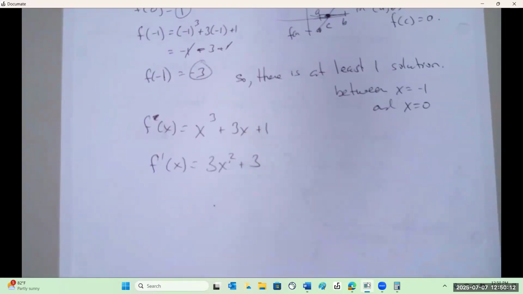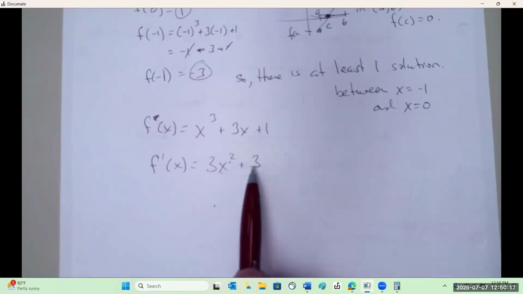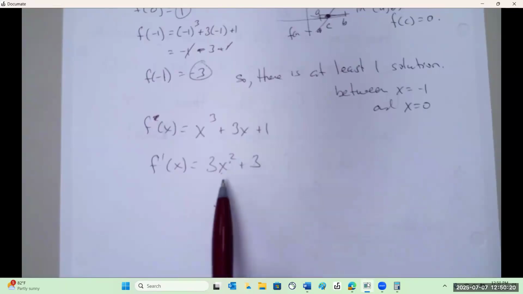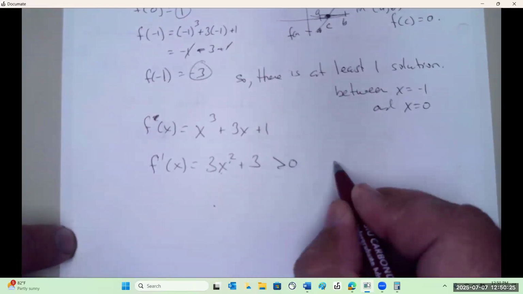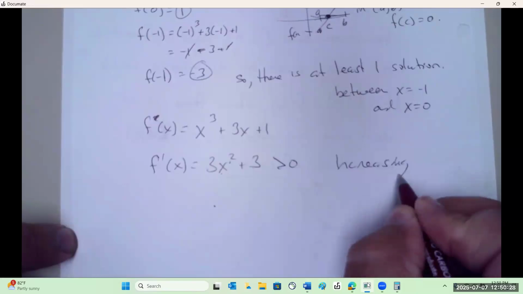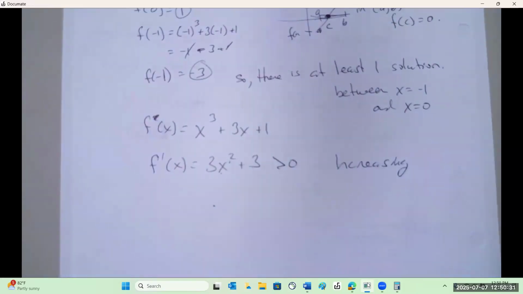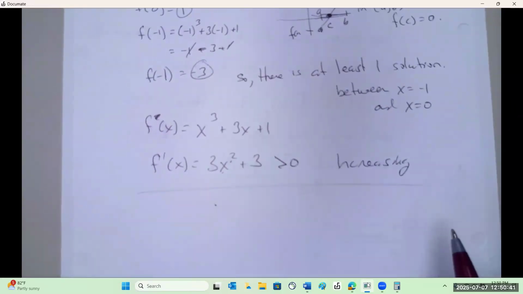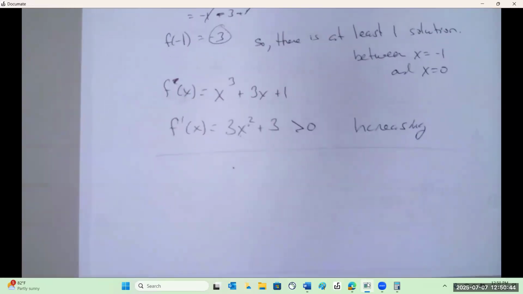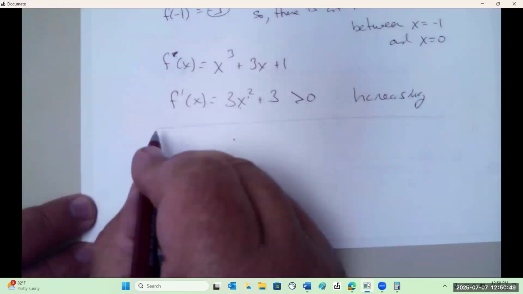So it doesn't have any vertices, and no matter what I put in there, it's always going to be positive, so it's increasing. Because it's increasing and it doesn't have a vertex, that means I can have one and only one solution, or only one x-intercept. So that's how we use the intermediate value theorem and Rolle's theorem to start proving our answers.